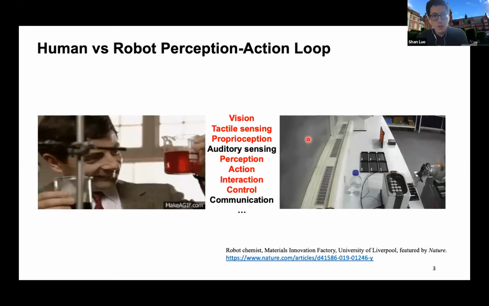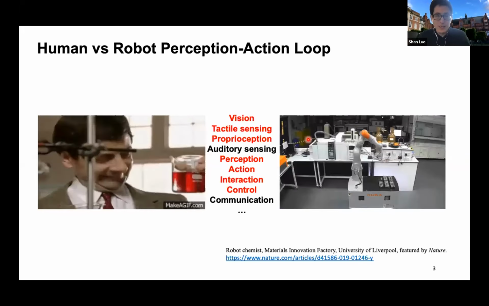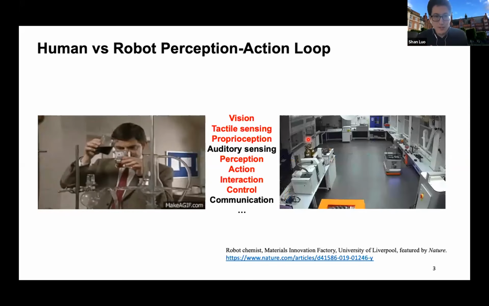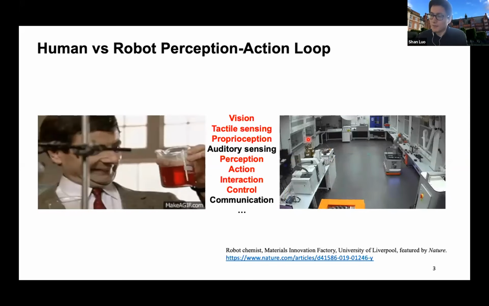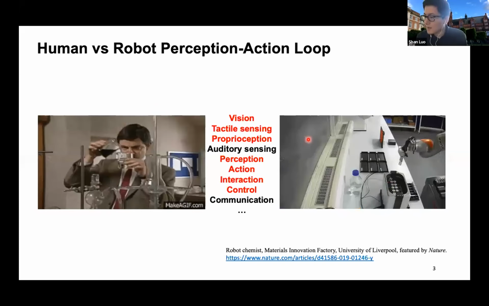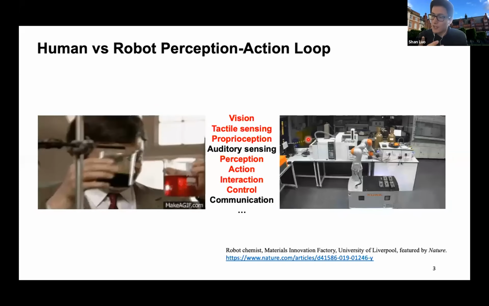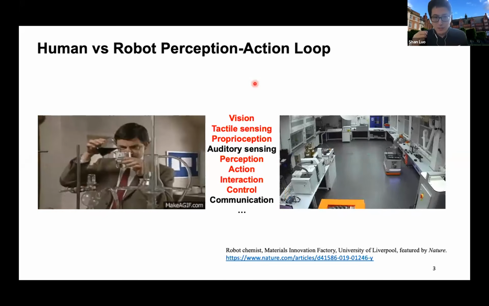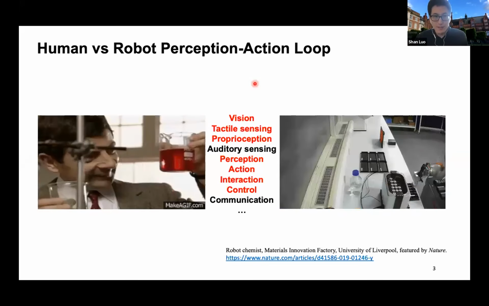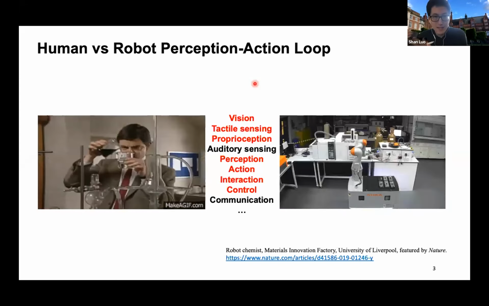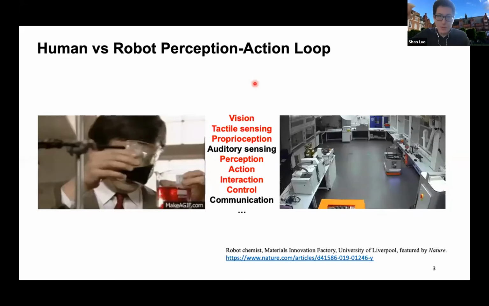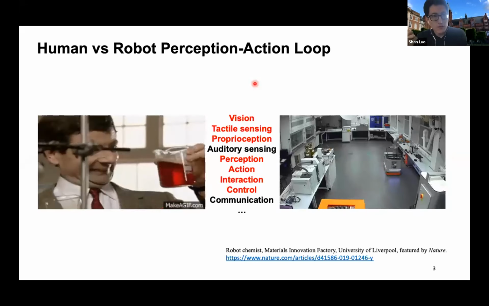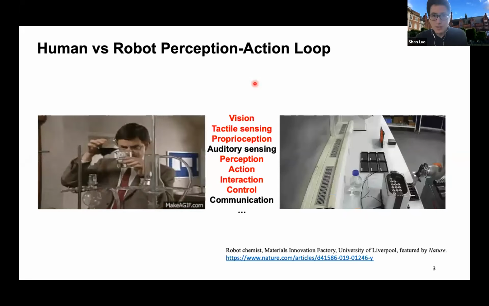So we still like the tactile sensing for robotics. That's why we have this workshop, and we gather the people who work on tactile sensing to facilitate the perception action loops. For sure, when we have vision, tactile sensing, we have perception. So we interpret the data from vision and tactile sensing, and then we facilitate the actions, like picking up tubes, and also facilitate the interaction with the environment.